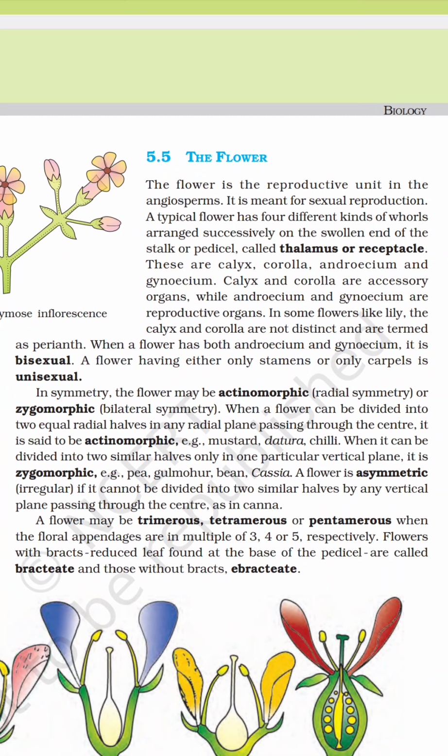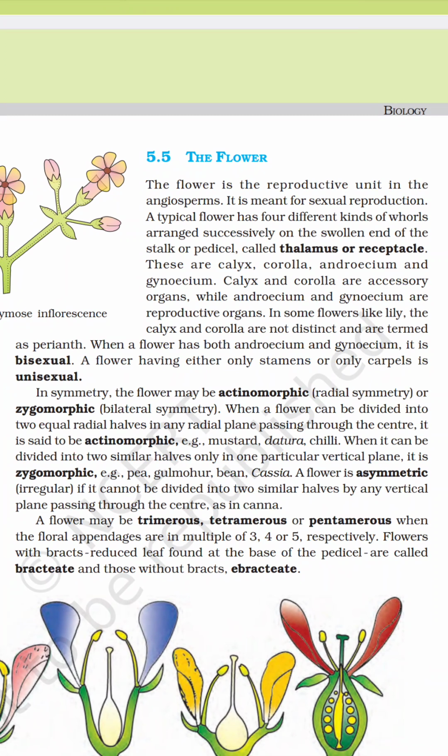Coming to symmetry, it has two types, radial symmetry and bilateral symmetry. When a flower is cut into two equal radial halves in any radial plane passing through the center, it is known as actinomorphic, and it shows radial symmetry. When it can be cut into two similar halves in only one particular vertical plane, it is zygomorphic.